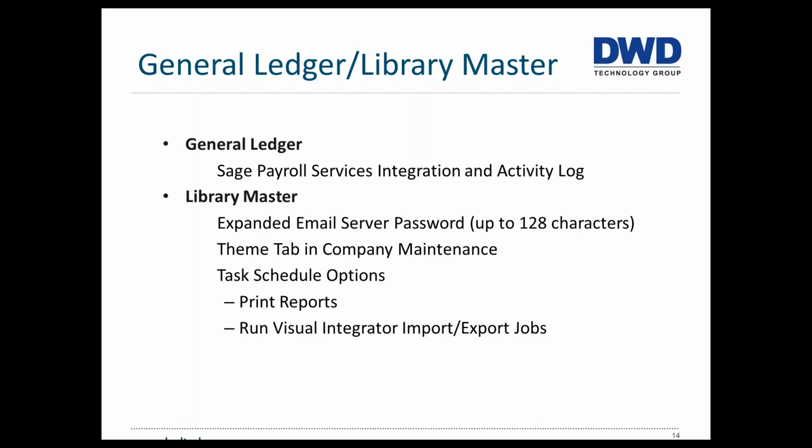For scheduling various tasks, we now have the ability to run reports and run Visual Integrator import or export jobs as scheduled activities. Previously we were pretty well limited to running journals and registers, but now we've got some more capabilities with that.